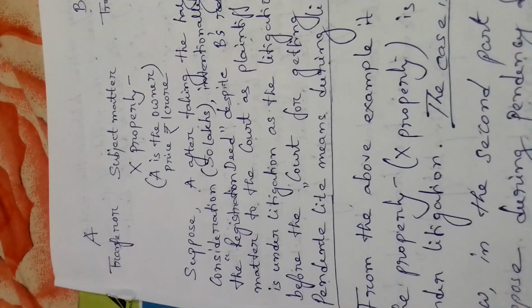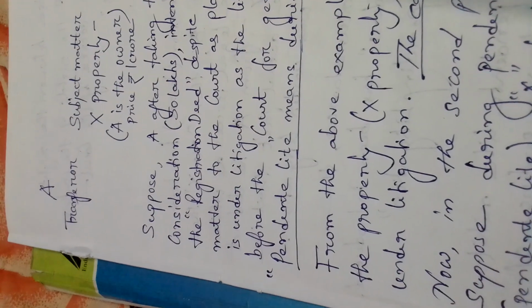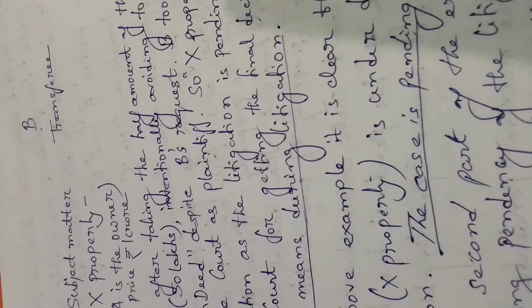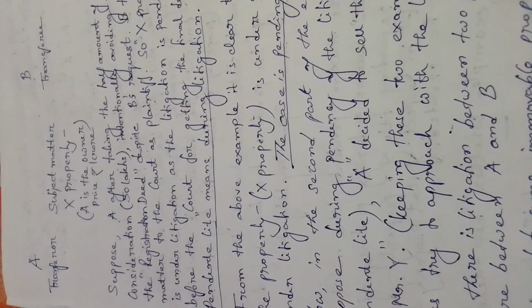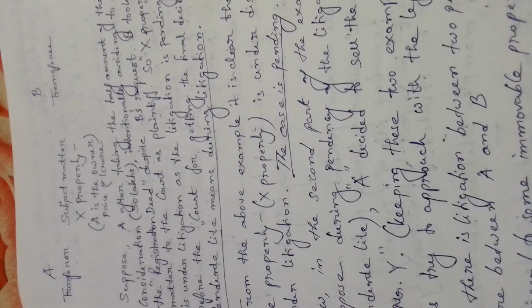Okay, so we need to understand one important expression here. It is pendenti lite. It means during the time of litigation or during litigation, pendenti lite. Okay, so from the above mentioned example, it is clear that the property, that is the X property here, the subject matter, is under dispute, or we can say it is under litigation.